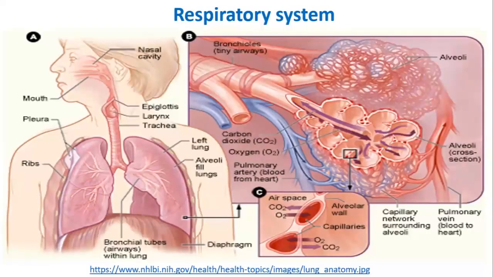I did say at the outset that I'm aware that many students in the group would be very familiar with the respiratory system and how it works. For those who may not be so familiar, you need to read up on these systems so that when we talk about certain things, you can visualize what we are talking about.